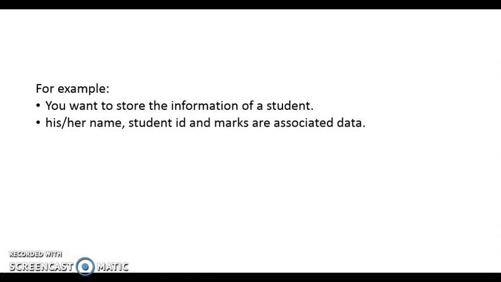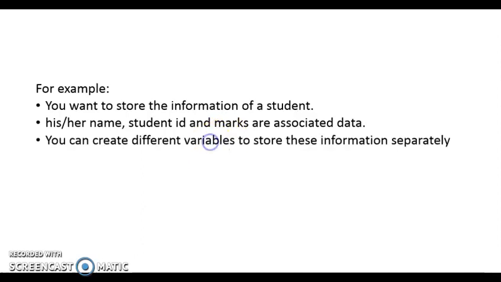First is his or her name, the second is student ID, and the third is the marks obtained by the student. For storing the name, you can have a character array. For storing student ID, you can have an integer variable, and for storing marks, a variable of float type.